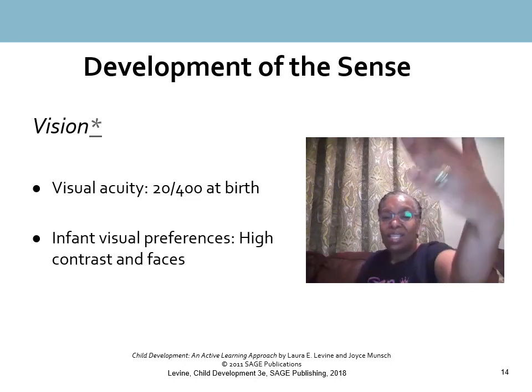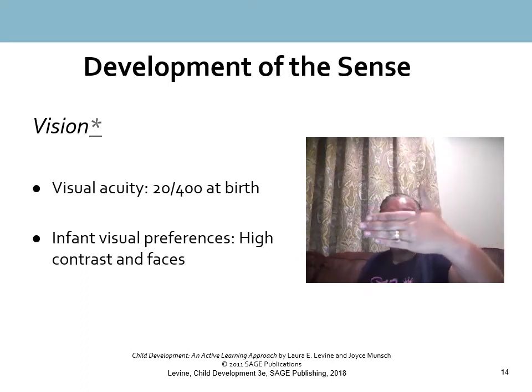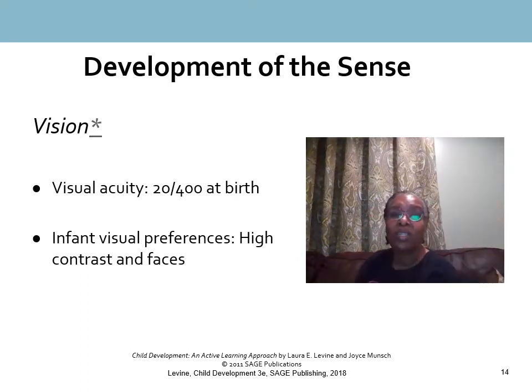So as it gets better, it gets closer, they're able to see more details easier. One of the reasons why we often put our faces close to an infant when we're talking to them is because they really can't see us clear. It's like they're farsighted, okay? They can't see close at that age.